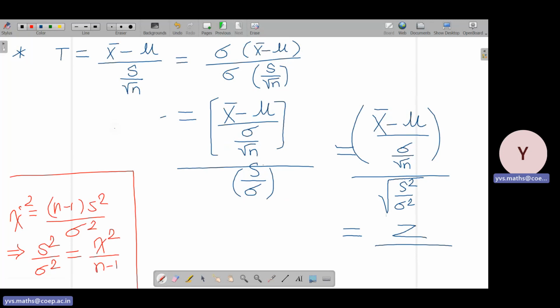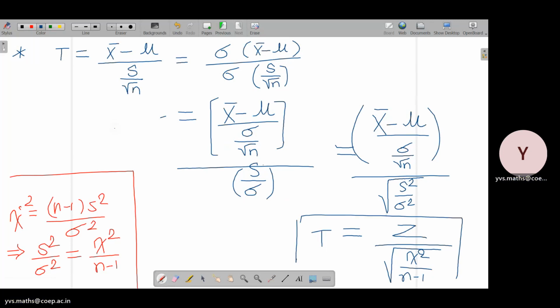So in the denominator, in the last step, we have the square root of chi-square upon n minus 1. So we have shown that t is the ratio of the standard normal random variable z and the square root of chi-square over its degrees of freedom. Therefore the t statistic comes with n minus 1 degrees of freedom, which are followed by the chi-square statistic.